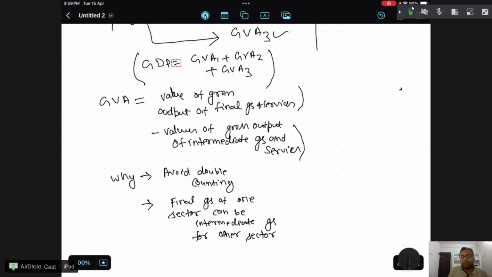The same milk will become an intermediate good if somebody uses this milk for production of something else related to milk. So that's why we subtract the value of intermediate goods when we are calculating the gross production of each sector. So that we do not count the same good multiple times, we subtract the intermediate good.